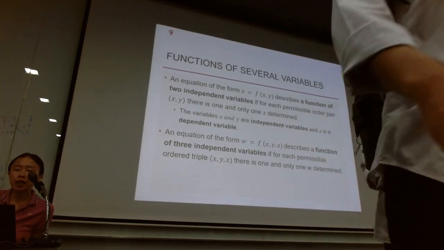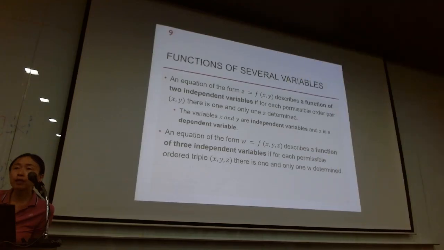But multivariable calculus is that you always have more than 2 variables, so at least 3 variables. In this equation, what did you learn in calculus?